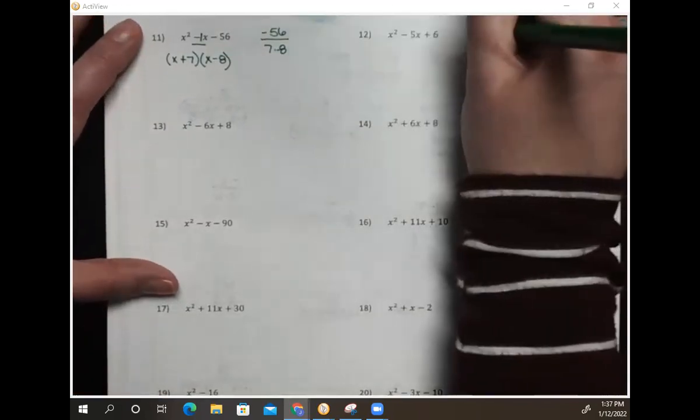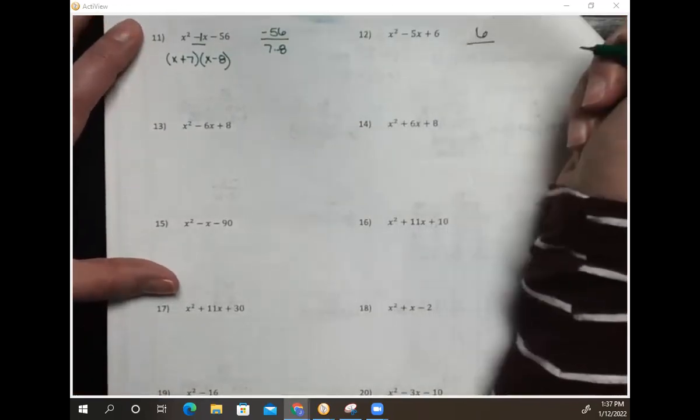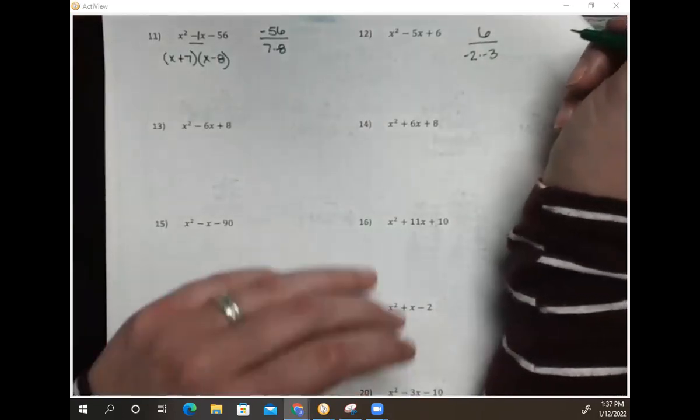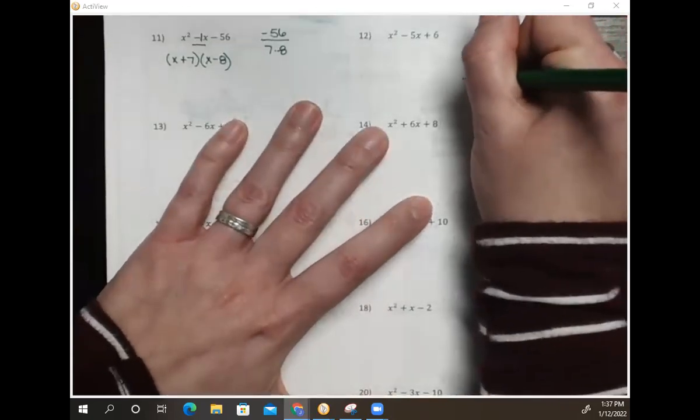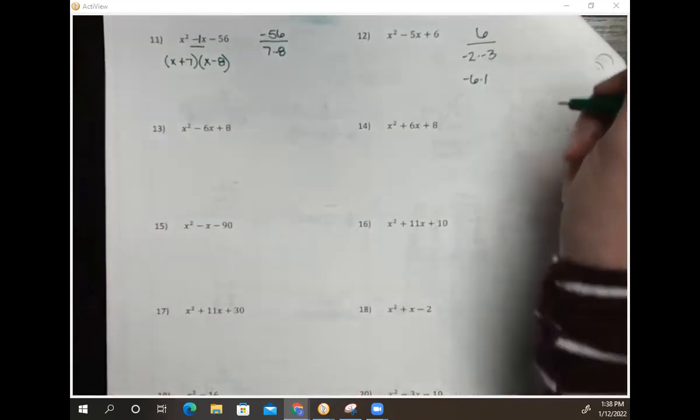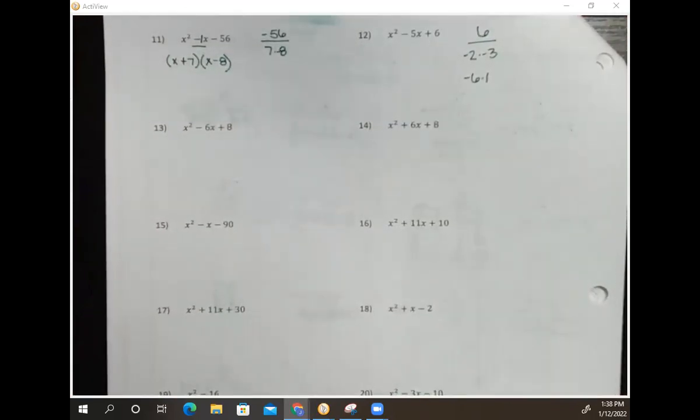How about 12, factors of 6 that add to negative 5? Very good. Negative 2 times negative 3. Negative 3 times negative 2, same thing. Now this one's tricky. I have a lot of people that want to tell me we should use negative 6 and 1. What's wrong with using negative 6 and 1?